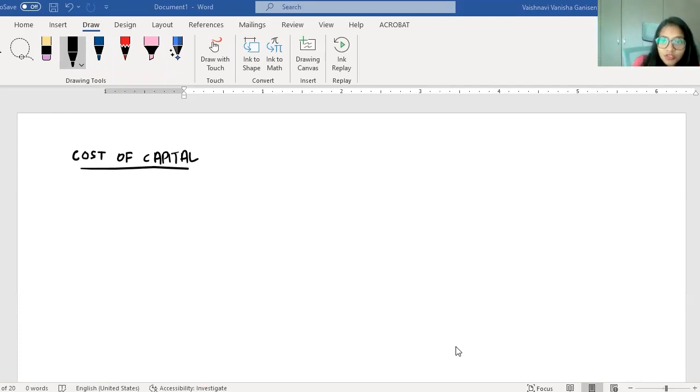Cost of capital is actually the return required by the shareholders of your company. It's not only shareholders, it's actually the return required by investors of the company, or another name you can use is the providers of funds of the organization.